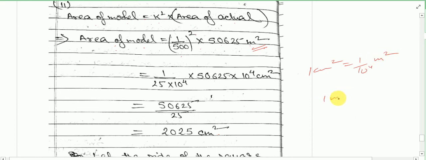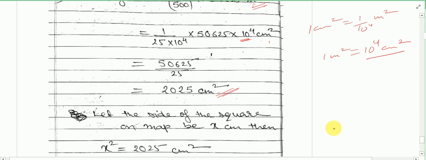So 1 meter square will be equal to 10 to the power 4 centimeter square. So we are multiplying by 10 to the power 4. Simplify this and you get 2025 centimeter square.